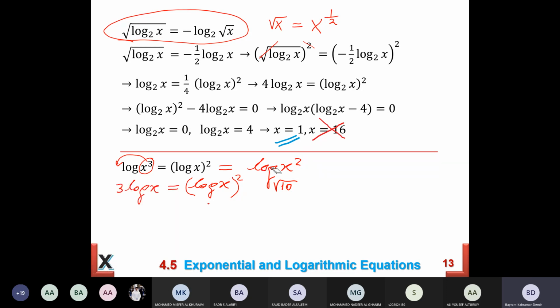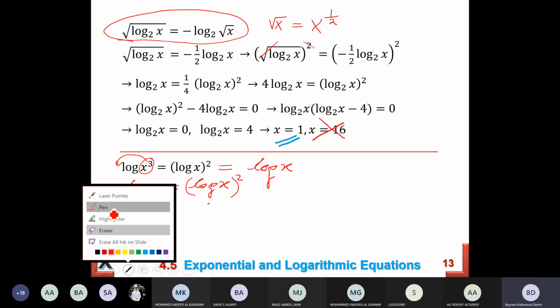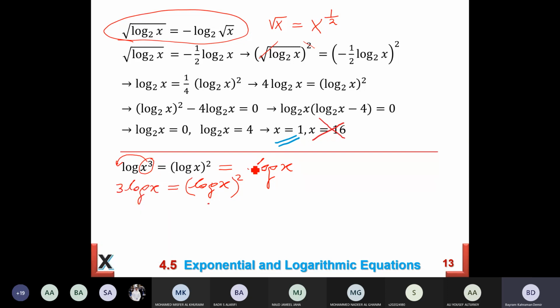Let me write the correct one. Logarithm of x squared means logarithm of x multiplied by logarithm of x.